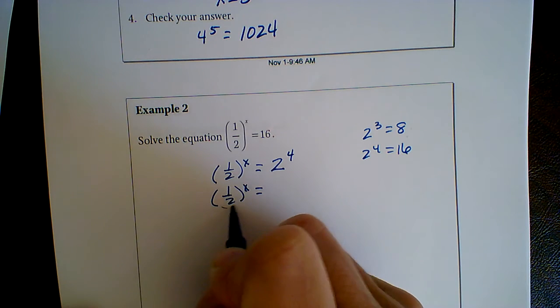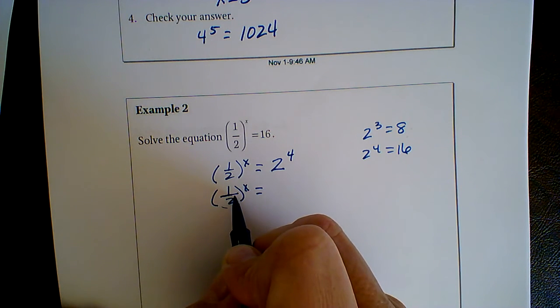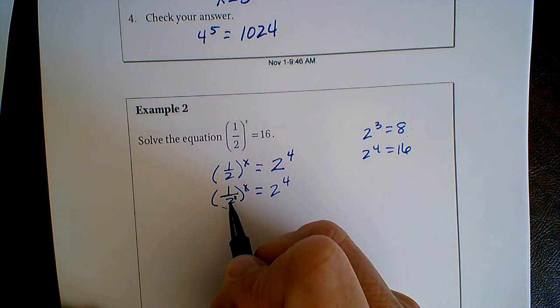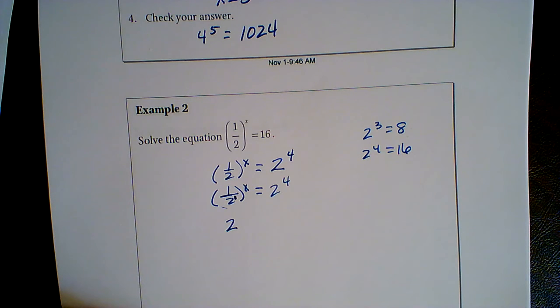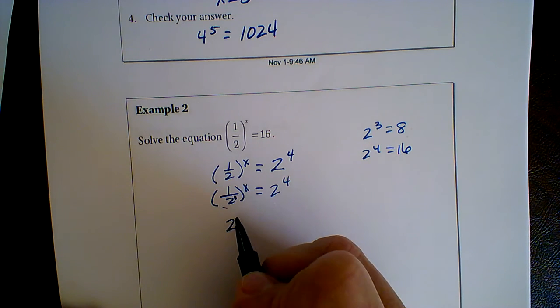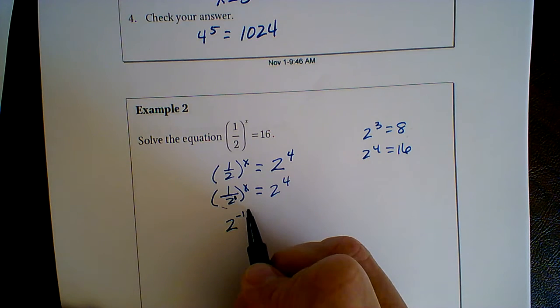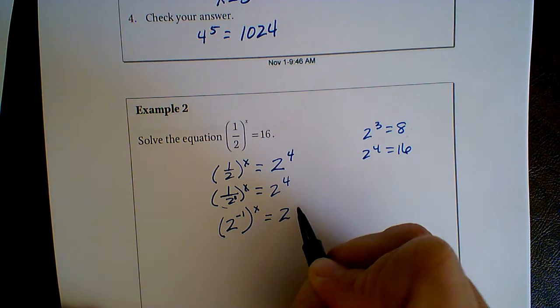Now I need to figure out what to do with my 1/2. Well, I have 1 over 2 to the first. Since it's in my denominator, I know that if I wanted to make this so that it had a base of 2, it would have to be a negative. It has a positive exponent of 1 now, so now it has a negative exponent of -1. And all of that is being raised to the x.